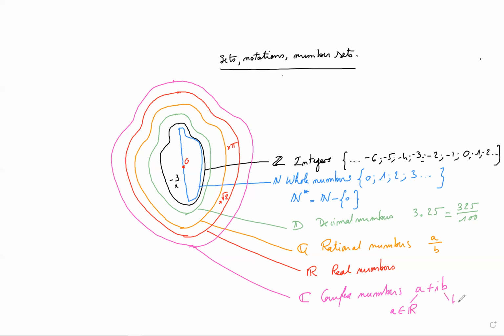And b is a real number. The only thing you have to know about the number i is that i squared is equal to -1, which is very strange because you have a number squared which is negative. But we won't need it in this course, so I won't explain more about this, but if you have questions, I'll answer. So this is everything you have to know about the sets of numbers, and I'll make another video for the rest.